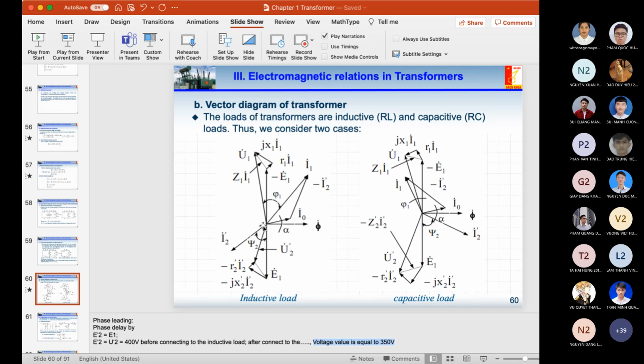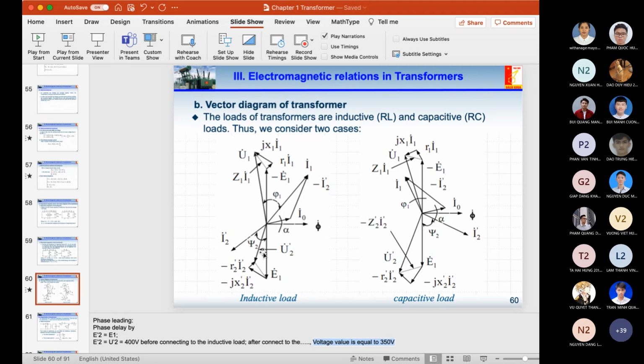For the previous case you can see the direction of the load current like this, but for this case the direction is like this, because for the capacitive load the load current is phase leading by the voltage.